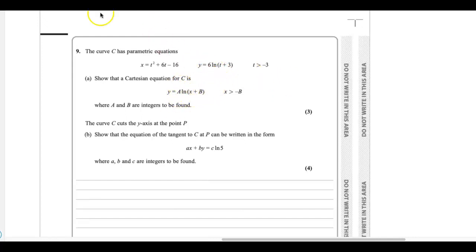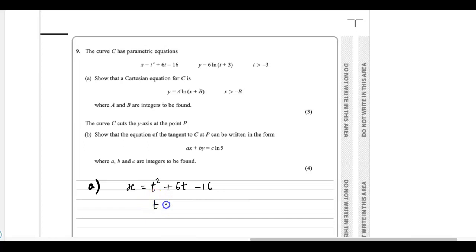So what we're going to do, a part, okay, x equals t squared plus 6t minus 16. What if we apply completing the square?